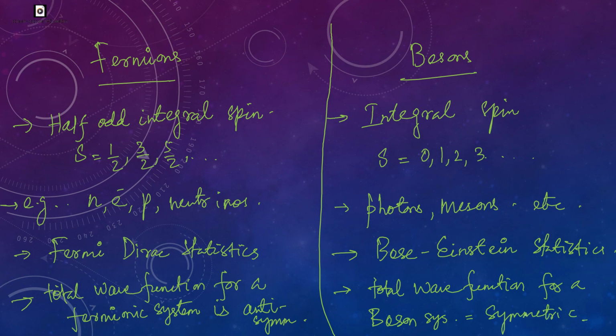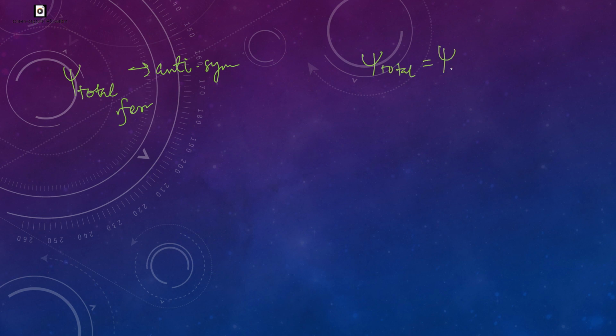So I can write it also like this: psi total for fermion is antisymmetric. For boson, psi total is symmetric, and it is written as space part times spin part.